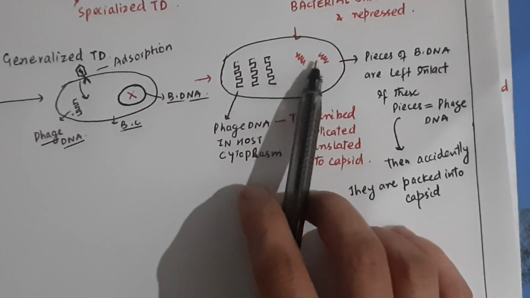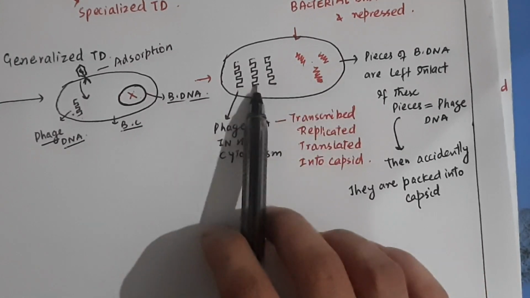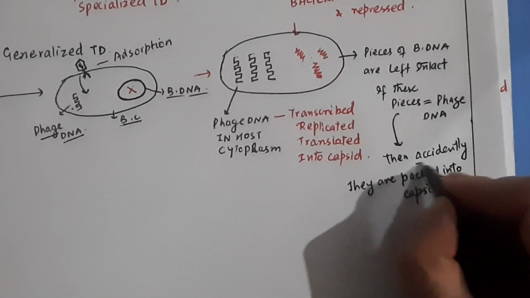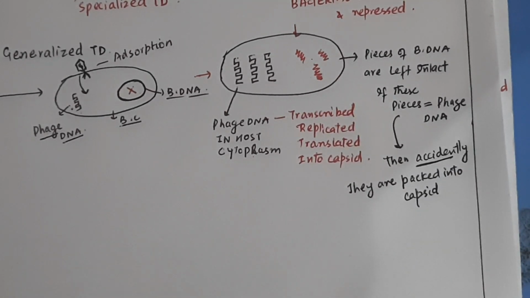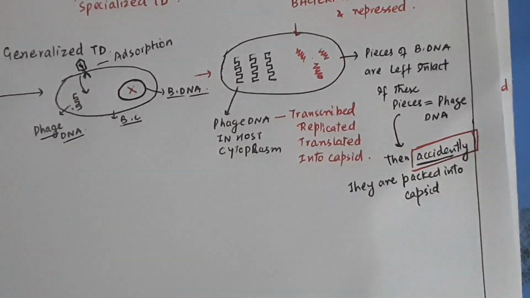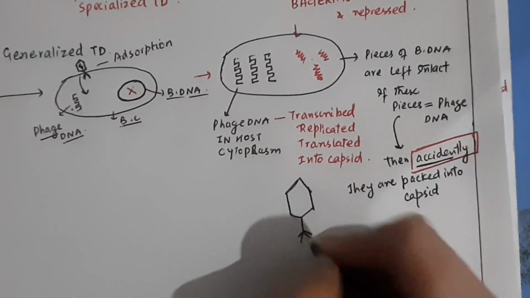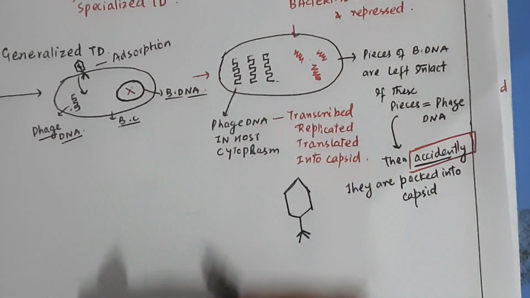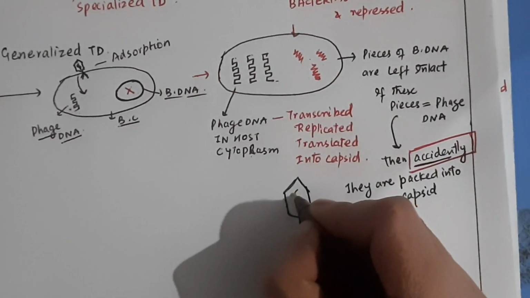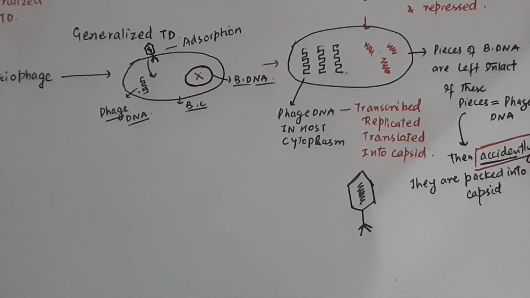But sometimes these bacterial DNA pieces are left intact, and if they are equal to the phage DNA, accidentally they are packed into a capsid. So I will make a capsid here, and accidentally this capsid doesn't contain the phage DNA, but contains what we call the bacterial DNA. It happens in generalized transduction.